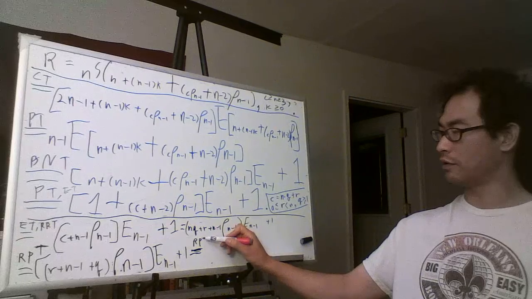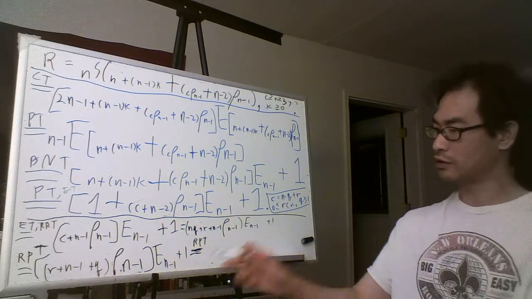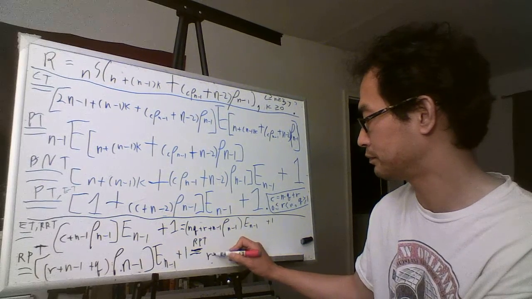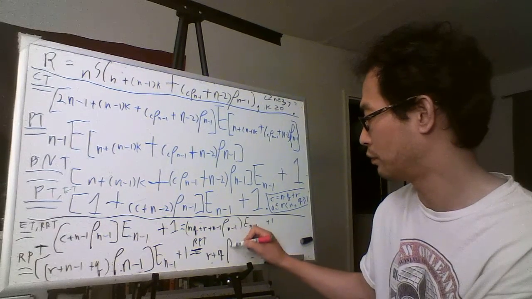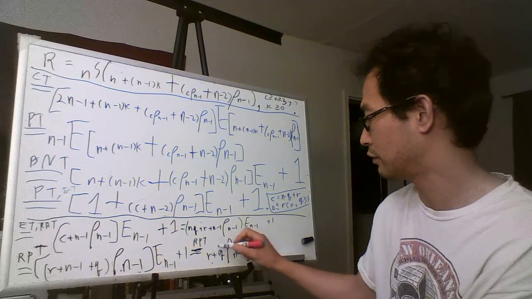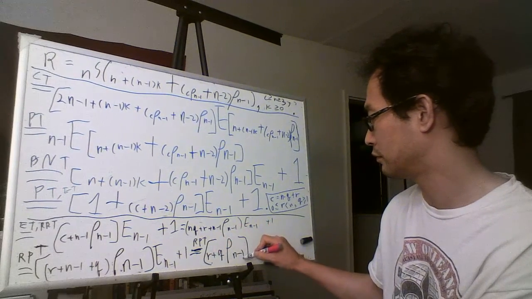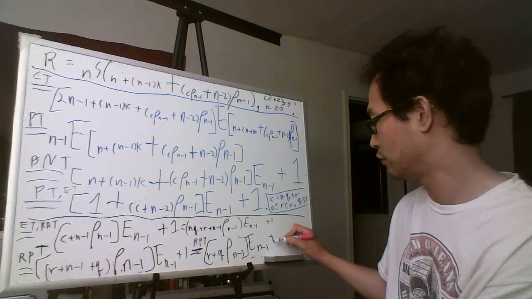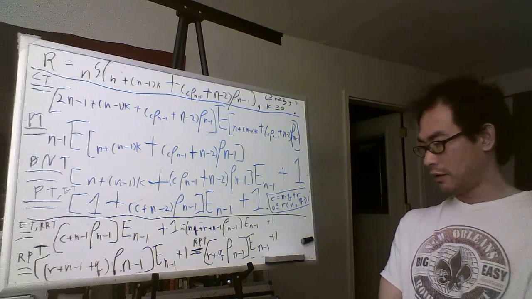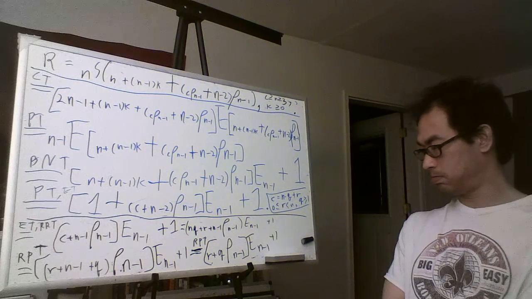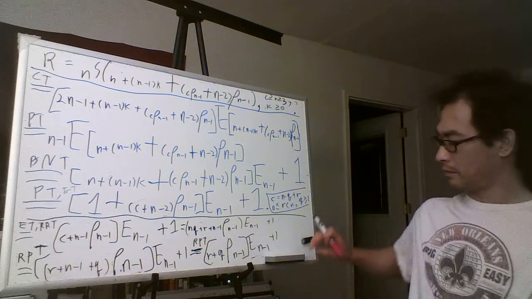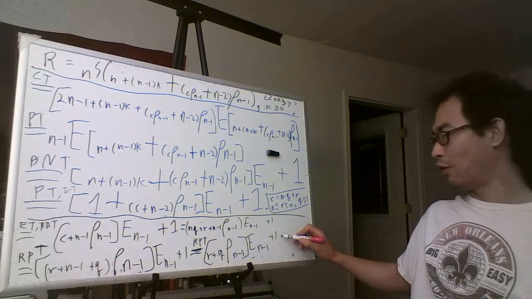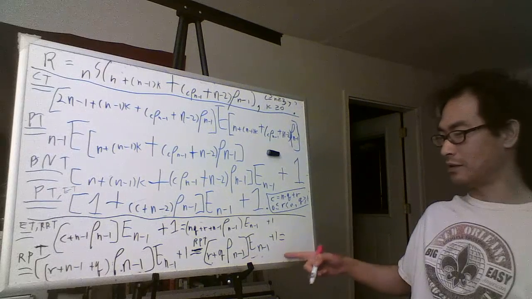You can just subtract that, and that becomes R plus Q rho n minus 1, e n minus 1 plus 1. Ladies and gentlemen, we got it. We are home, finally. The same as the left hand side.